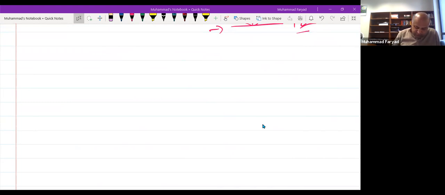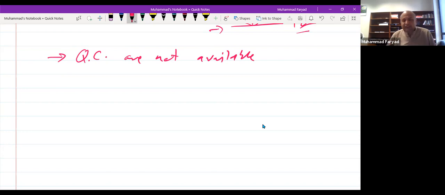So we know that quantum computers are not available for most of the time, at least not right away. For example, we submit a code and we forget, and maybe next year we get the results. At least for most of the good quantum computers, that's what the case is.